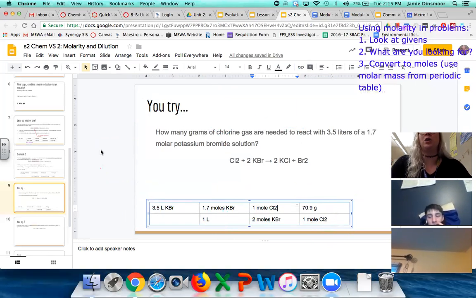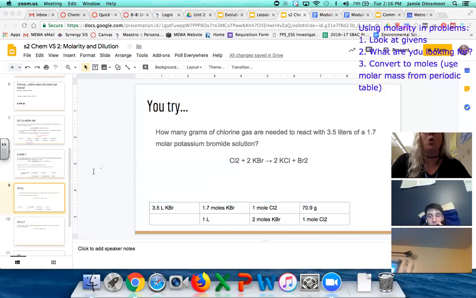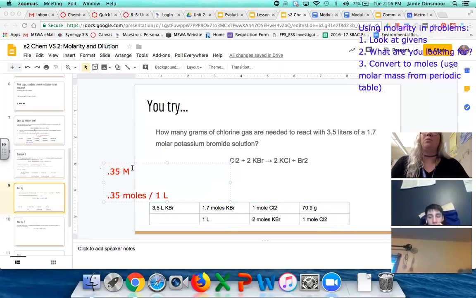And again, make sure that you understand that if we have 0.35 molarity, that's the same thing as 0.35 moles per 1 liter. Those are in fact the same thing, right? Molarity may not be able to cancel out as easily. Moles per liter, you can definitely cancel. So keep that in mind as you go through these types of problems. Okay.